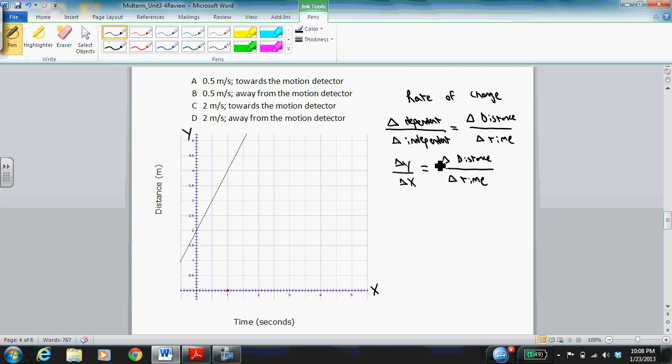But we have to figure out those values. So it's a rate, which is where the division comes from, of change. And remember, change refers to, we find change between numeric values, we're talking about subtraction. So we want to look at from 0.5 seconds, which is right here, so this point, up to 1 second, which is right here, so this point. So we want to find, first of all, the change in distance. So that change in distance there is 1.